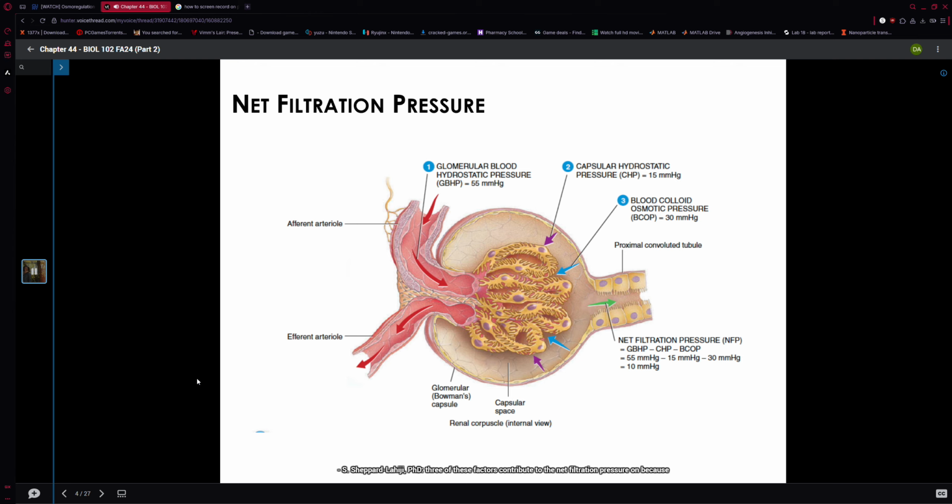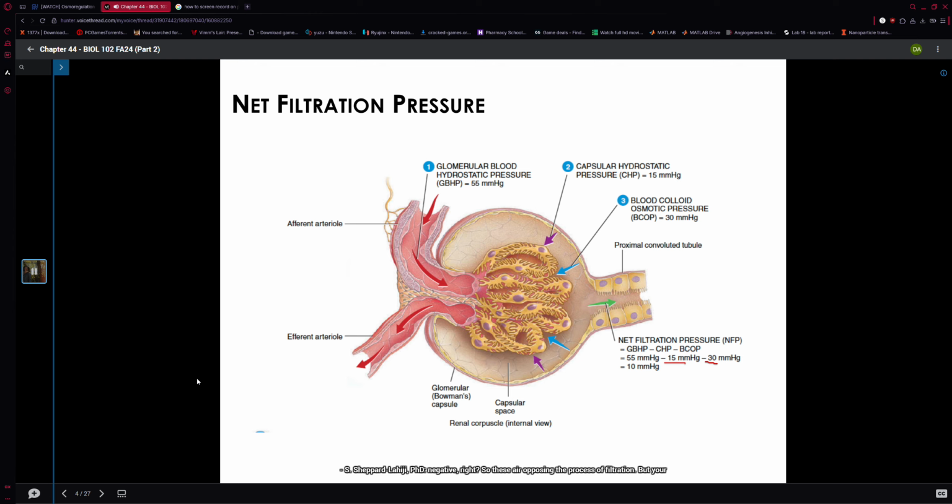So all three of these factors contribute to the net filtration pressure. Because the blood hydrostatic pressure is higher than both of the others combined, we still have a value that favors filtration. Anything that favors filtration will be a positive integer, and something that opposes filtration will be a negative integer. So the capsular hydrostatic pressure here is negative, and the colloid osmotic pressure here is negative.